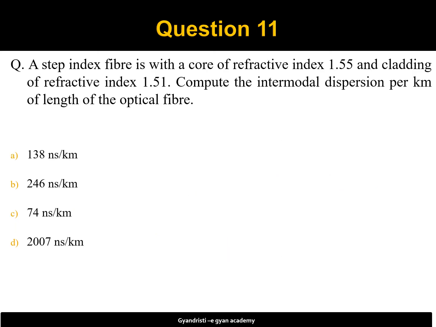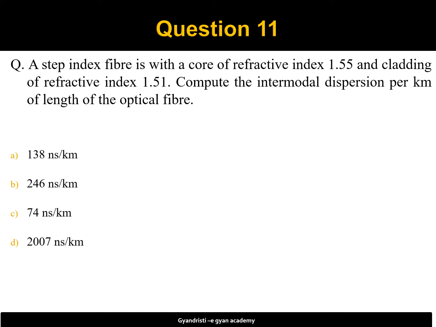Next question is, a step index fiber is with a core of refractive index 1.55 and cladding of refractive index 1.51. Compute the intermodal dispersion per kilometer of length of the optical fiber. So in this question, we have to calculate intermodal dispersion for 1 kilometer.